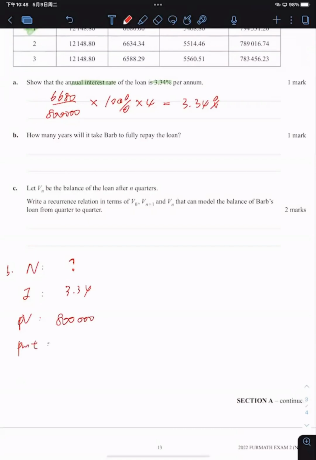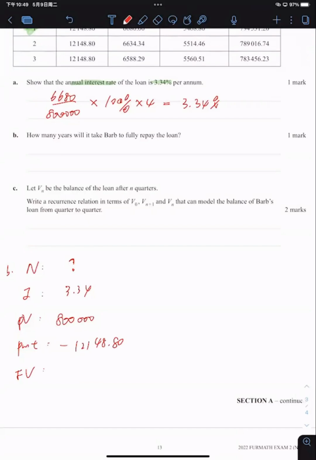And for the payment, we are taking out the loan and repaying it, so the payment here is negative: negative 12148.80. Do not forget about it. Please follow me as I type everything in. And for the future value, what is the target when we borrow the money and return it?